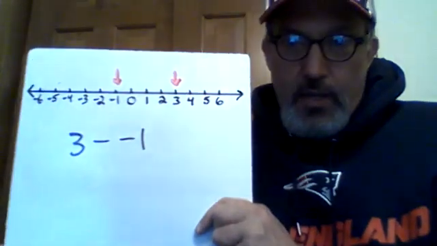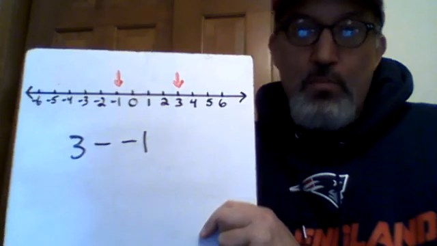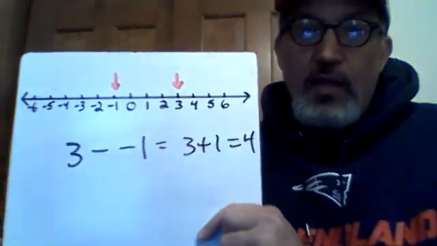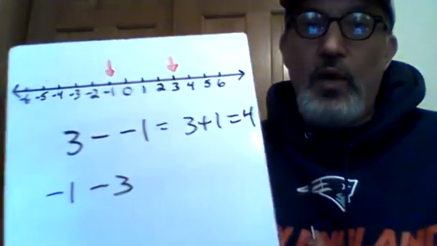So if we do 3 minus -1, again, it's the bigger number minus the smaller number. To subtract -1, add +1. So this becomes 3 plus 1, or 4. If we did the subtraction in the other order, small minus big, it would be -1 minus 3.